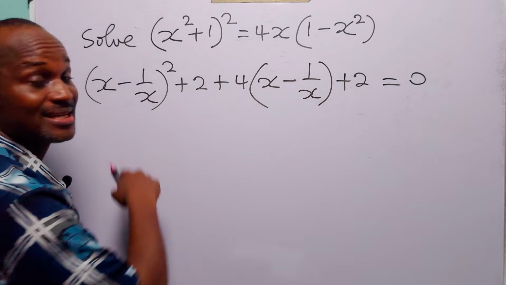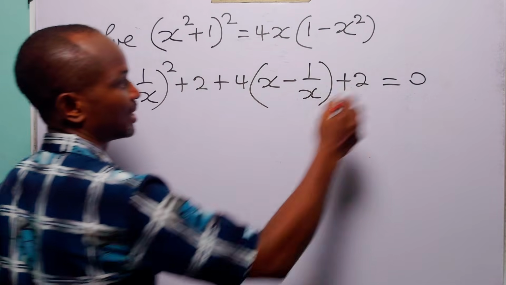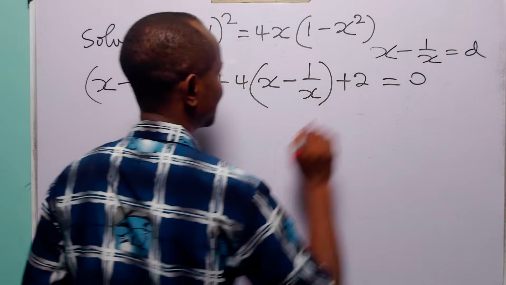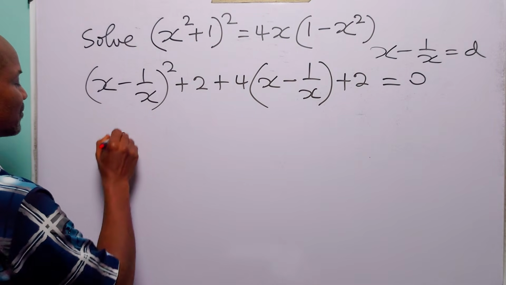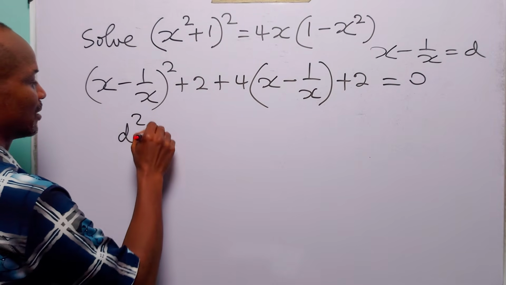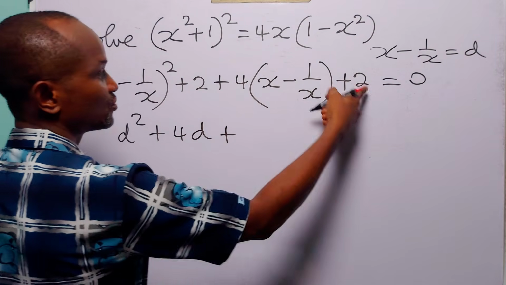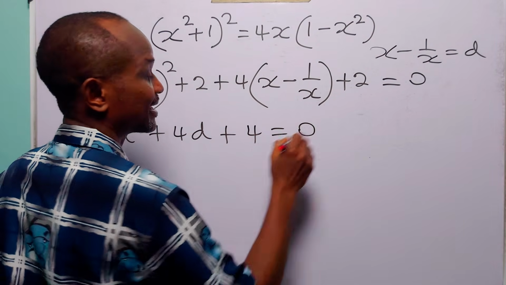So we can simplify this equation with a substitution. Let x minus 1 over x be equal to the letter d. Now we have d squared plus 4d plus 2 plus 2 is 4 is equal to 0.